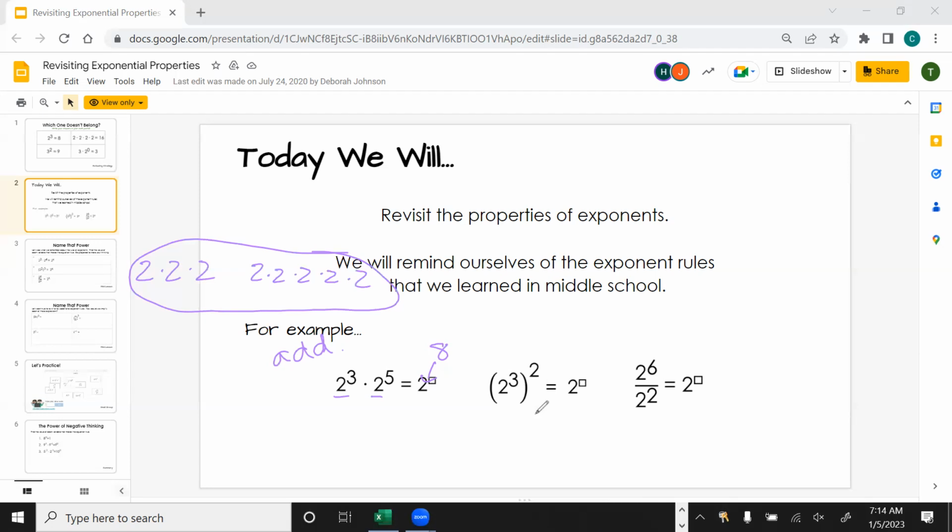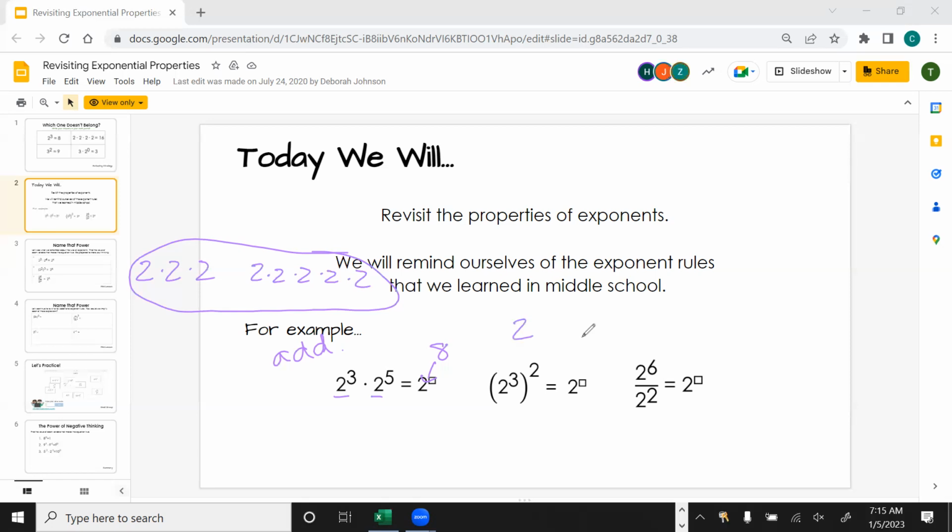Okay. On the next one, we have 2 to the 3rd power raised to the 2nd power. So that's the same thing as saying 2 to what power? 9. Why 9? Okay. So we agree with that statement? Okay, let's think about it really quick.